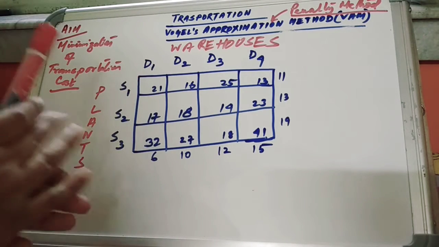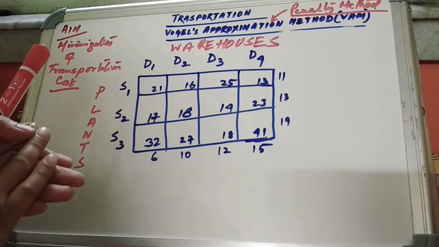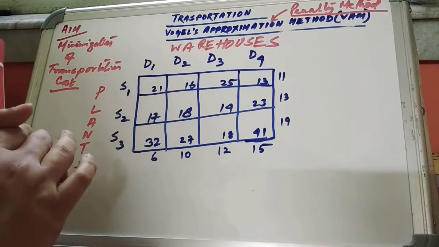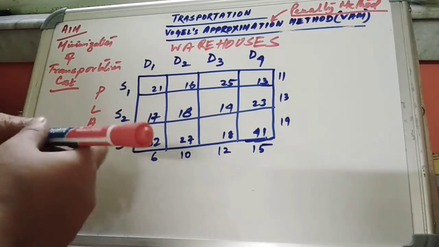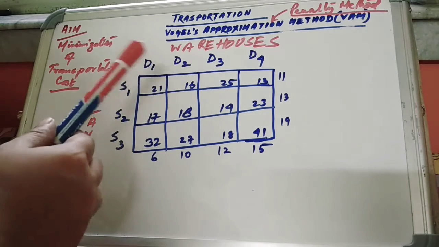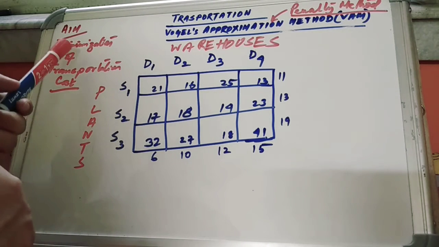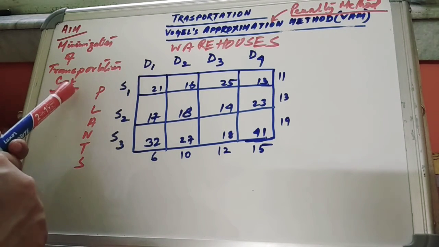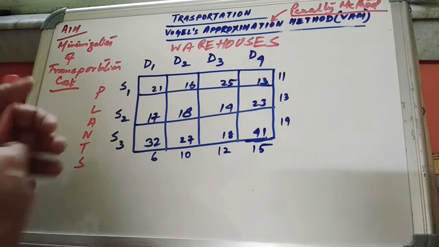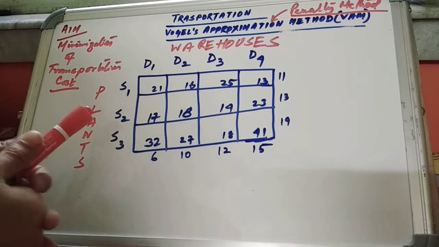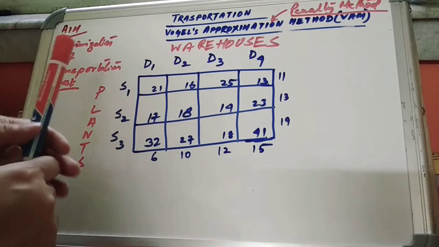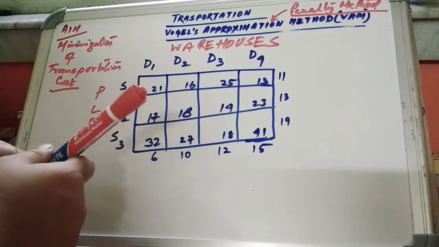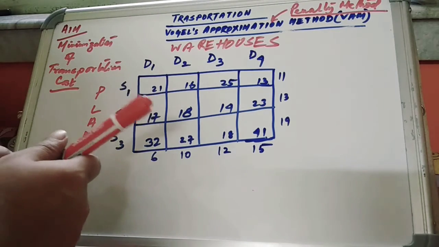In Vogel's approximation method, we have to find the penalty of each row and each column. Now, we know our aim is to find the minimization of transportation cost. Why penalty? And what is penalty?